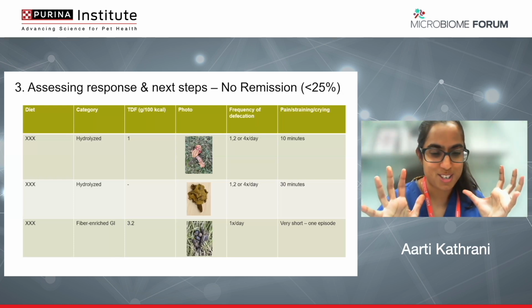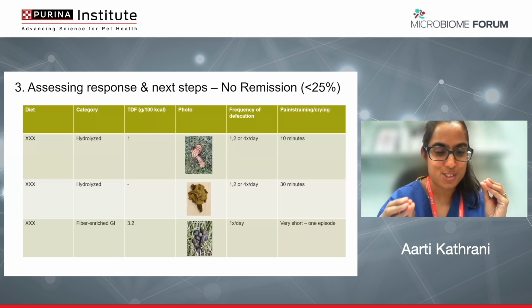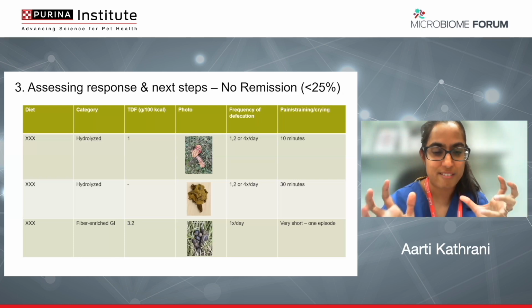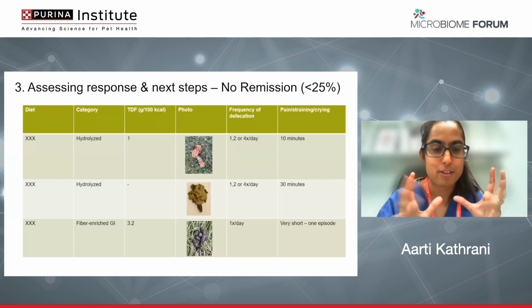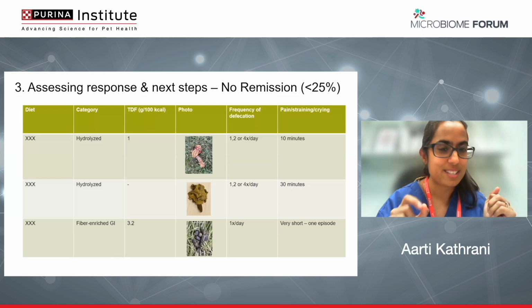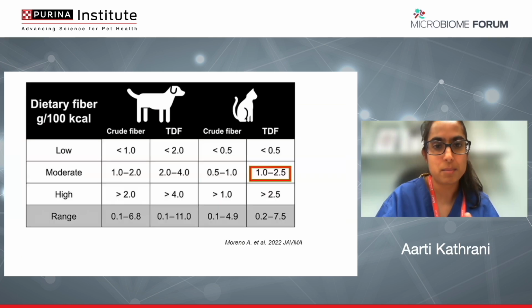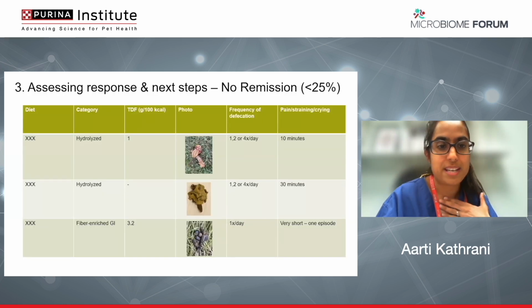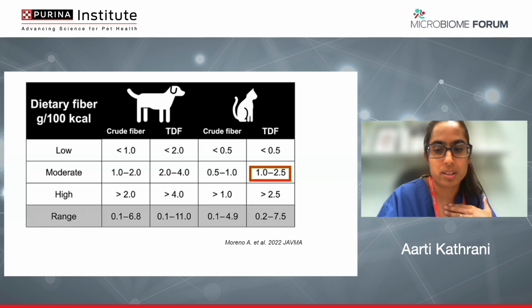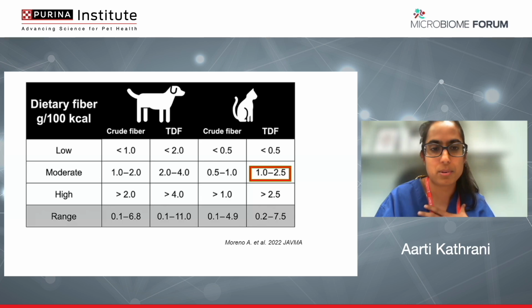Sometimes when you ask owners to describe things, they don't always get it right, or their interpretation of diarrhea is different. So I feel like a photo gives you more information. Having something like this could help guide you in terms of what the next strategy may be. And this is just an example of what I said about the moderate fat and fiber content. So just using that table can help.